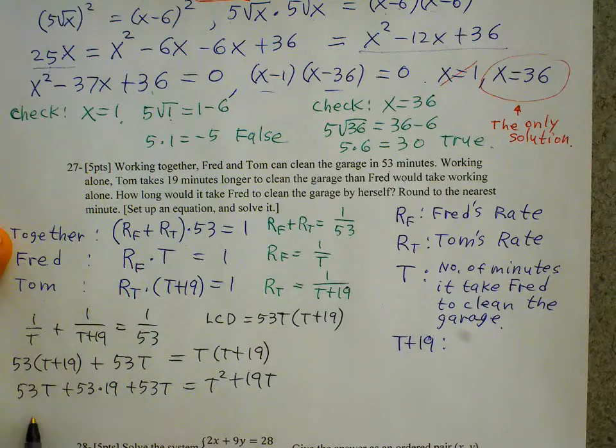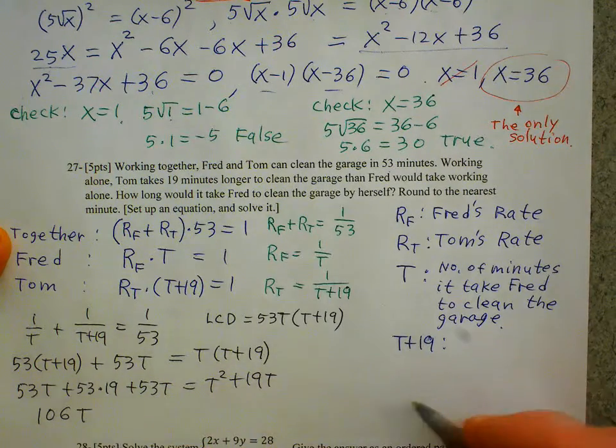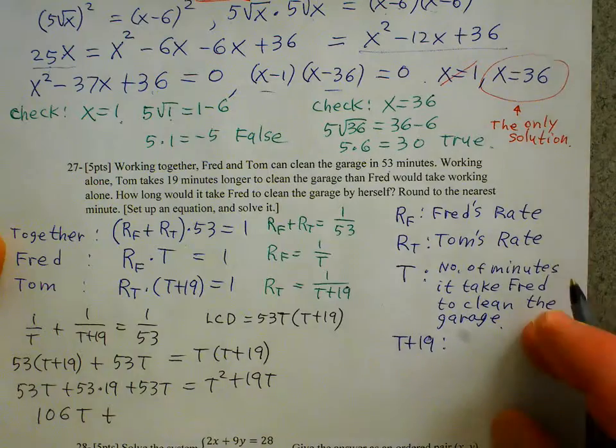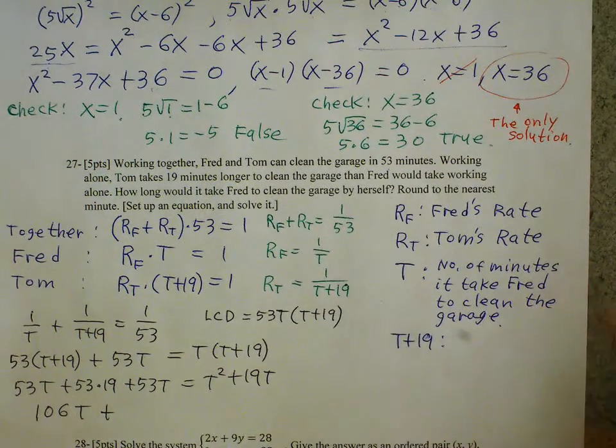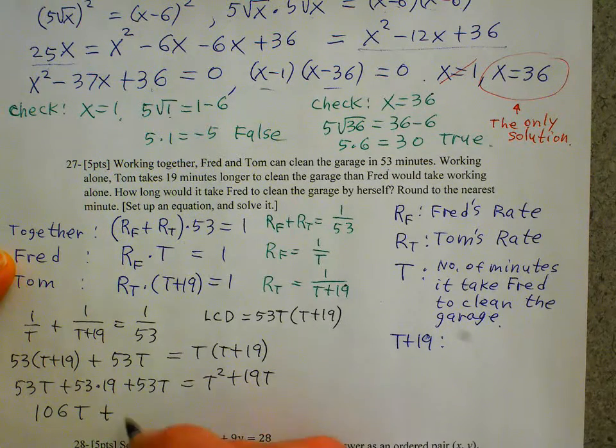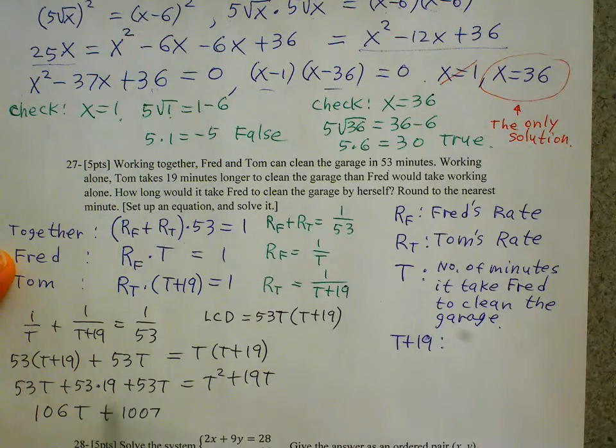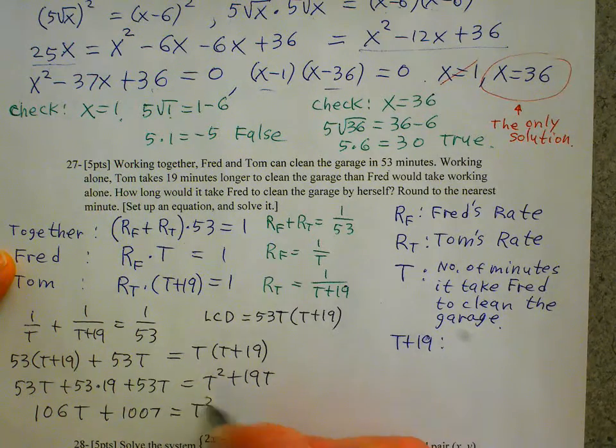On the left-hand side, combining like terms, 53t plus 53t is 106t. And let's see, 530, 1060, 1007, I think, is what you get when you multiply 53 times 19. You can correct me if I did that wrong.